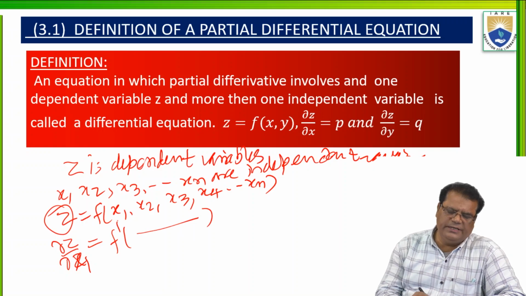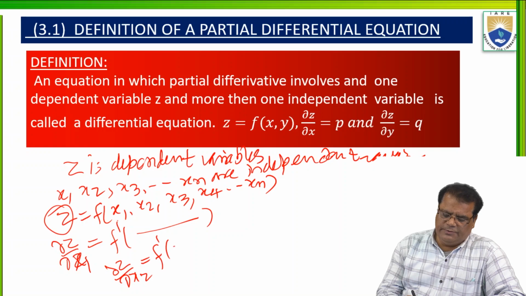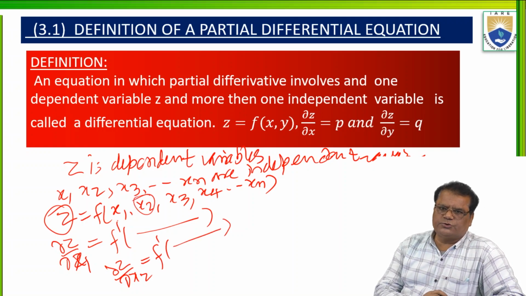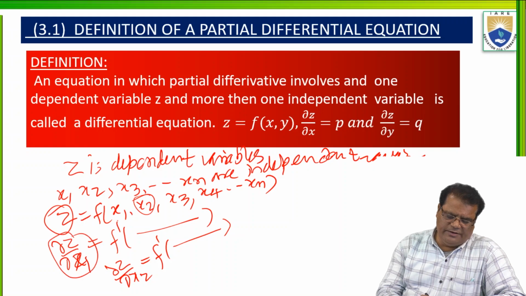The function is unknown, so we write here only dash. Dash means we differentiate with respect to x1 and keep the other variables constant. Now again differentiating with respect to x2, we write f dash, and we differentiate with respect to only x2, keeping the other variables as constants. So this is the partial derivative.